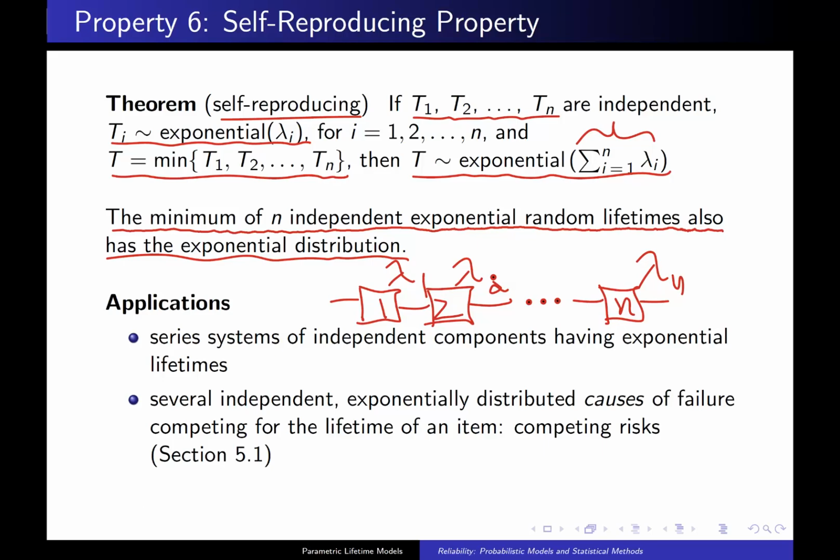failure rates. As another application, if you have several independent exponentially distributed causes of failure, then a competing risks model for the lifetime of the item is appropriate. So in a sense here, rather than having individual components, you just have one item and the various risks that can cause failure are competing.